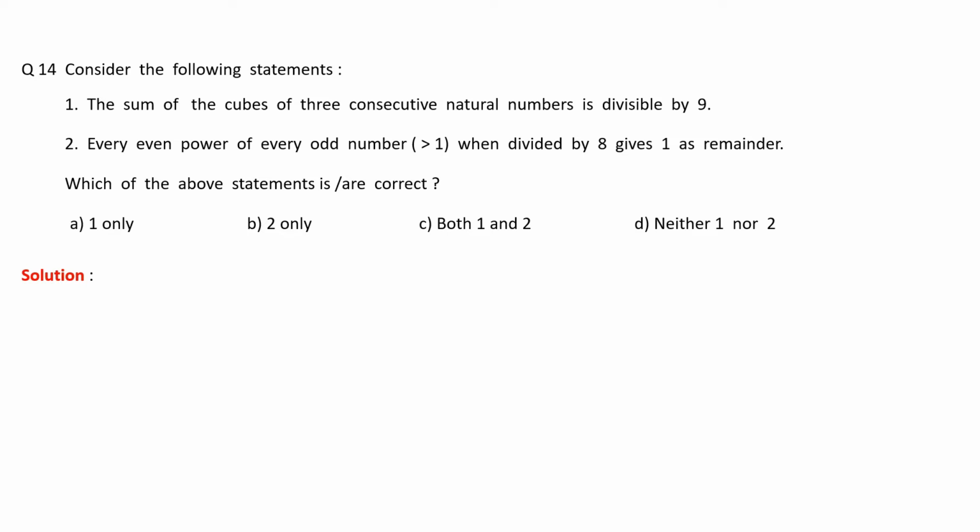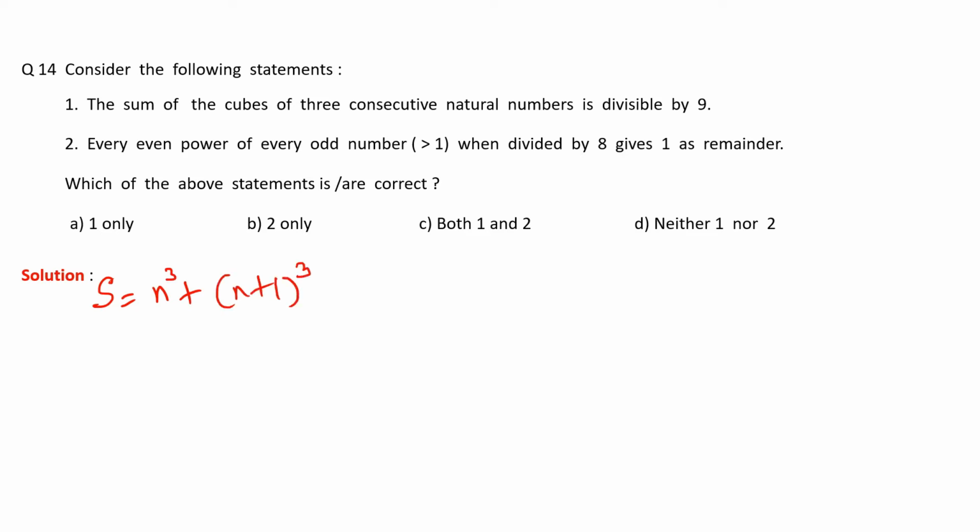Now students, the first statement can be proved easily by using Euclid's lemma, but it will involve many calculations. So to make it shorter, I am providing you with a different solution, and that's quite easy to understand. Let's start with the sum of cubes of 3 consecutive natural numbers.